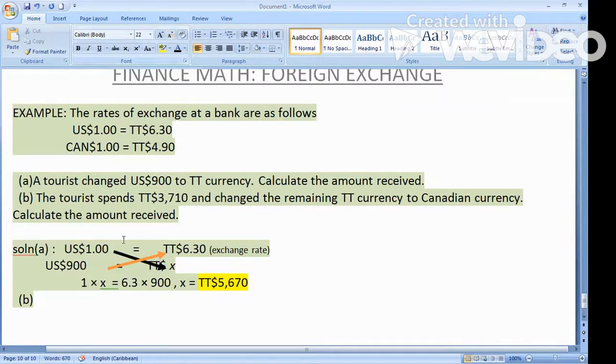You're going to work out how much change remains in TT and then convert that TT to Canadian.